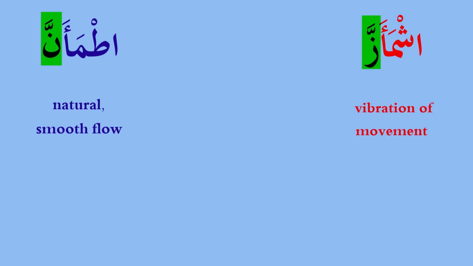The za has a vibration sound. Z. While in itma'anna, we have the noon, which has the ghunna sound. And it's a natural, smooth, flowing sound. So you see how the letters actually give it meaning. That's a bit about base letters.